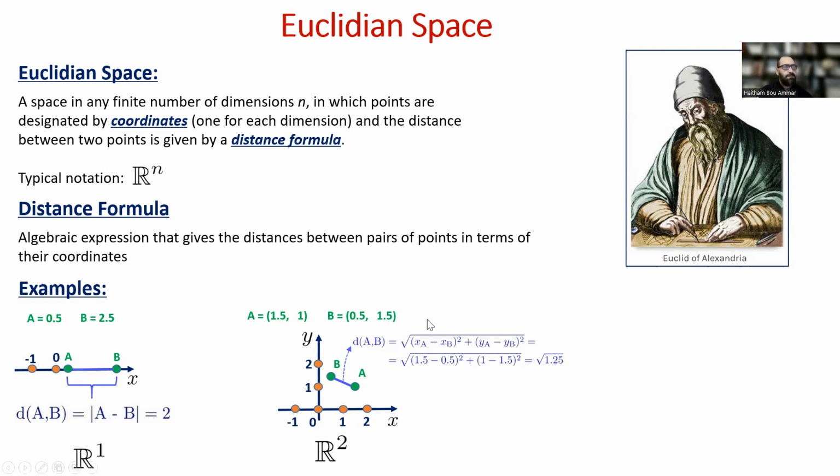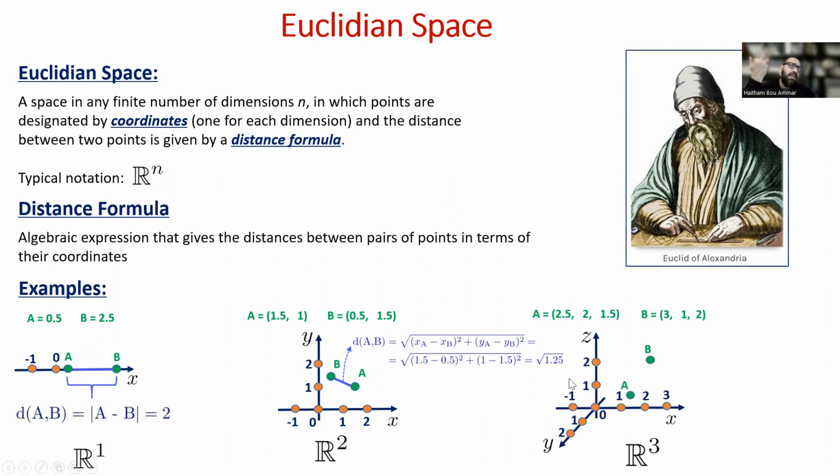So for example, if we have a three-dimensional Euclidean space, and remember, in a three-dimensional Euclidean space we need three values, because we need three coordinates to define a point.